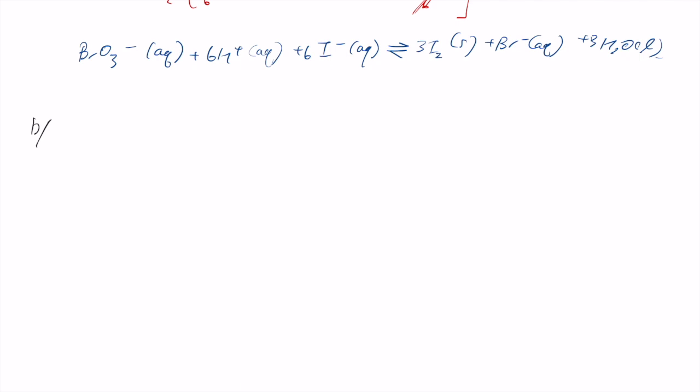So we know that delta G can be related to our cell potential by negative nFE, where n is the amount of transferred moles of electrons, F is Faraday's constant, and E is the cell potential.